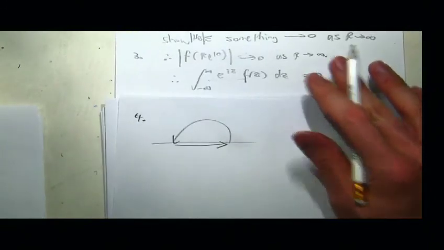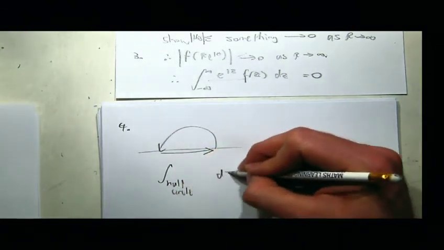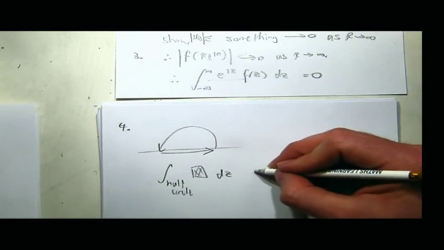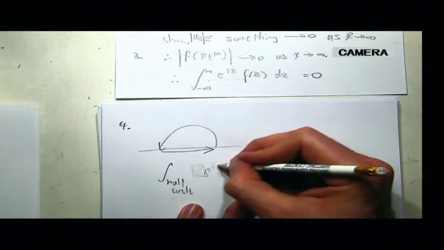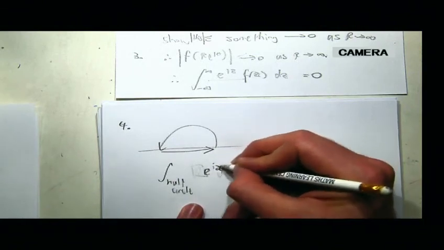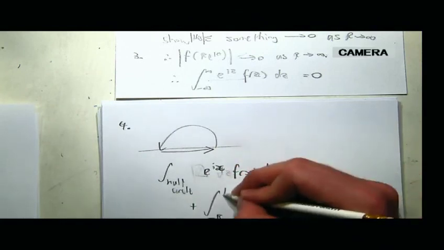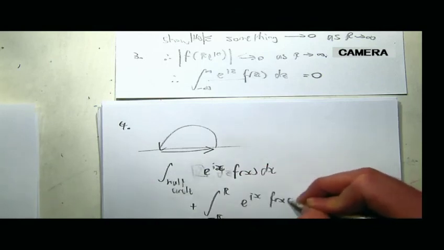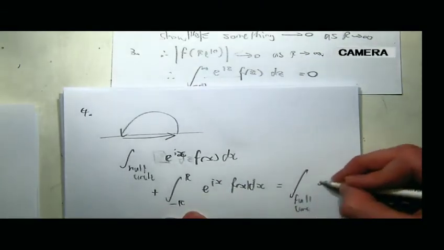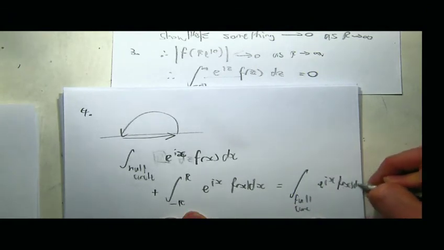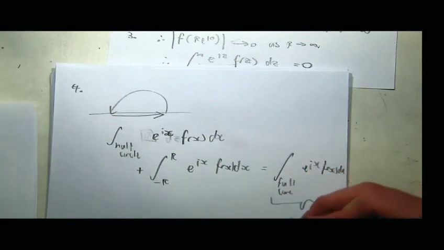Like that. And you can say the integral of the half circle of e to the i z f of z, plus the integral from minus r to r of e to the i x f of x dx, is the integral of the full curve e to the i x f of x dx, and that means that I can figure out this bit using residues.